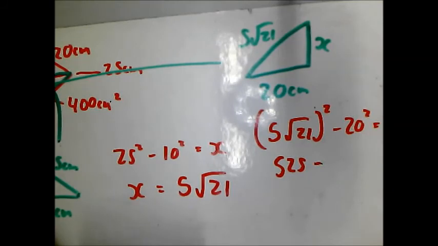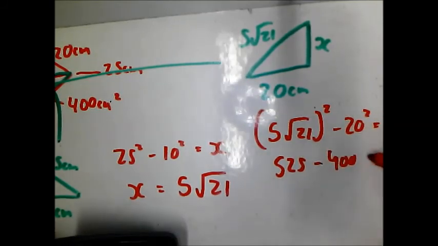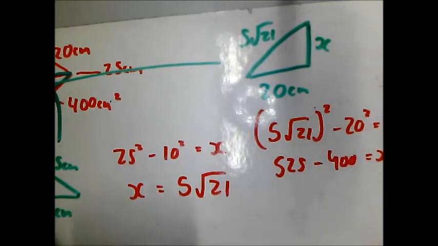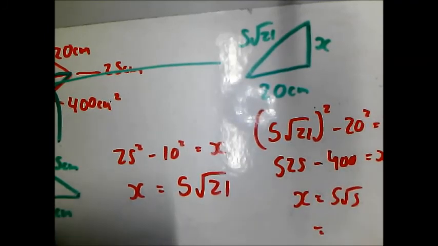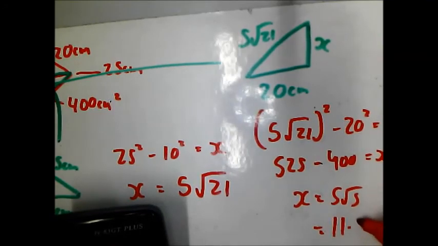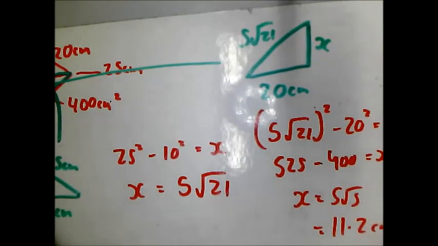Minus 20 squared, which is 400, equals x squared. So getting my final answer, x is equal to 5 root 5, which is about 11.2 centimetres for the height.